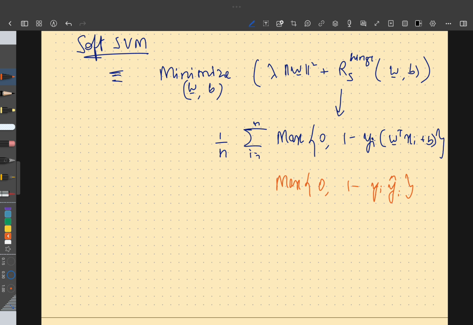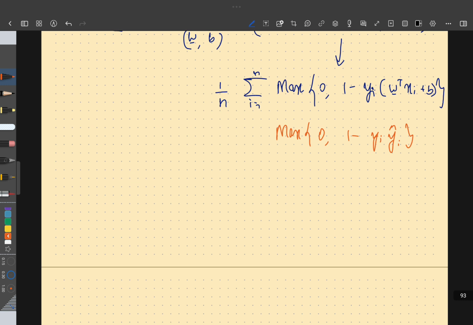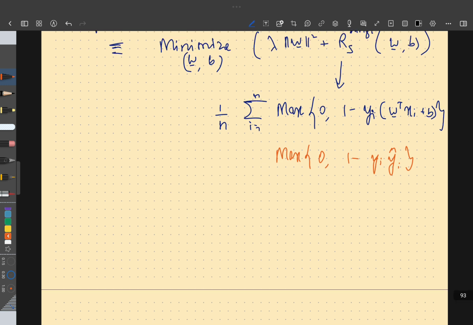Then what would this be equal to? 0 or 2, right? So more generally, you can see that at least when you take w transpose xi plus b to be equal to plus or minus 1, this is greater than or equal to the 0-1 loss.